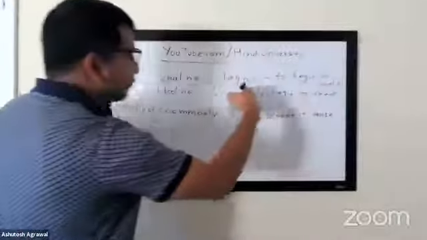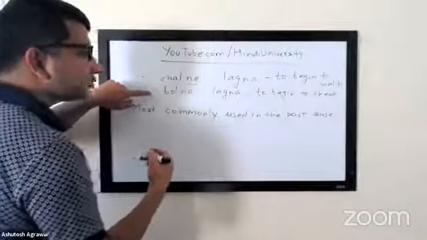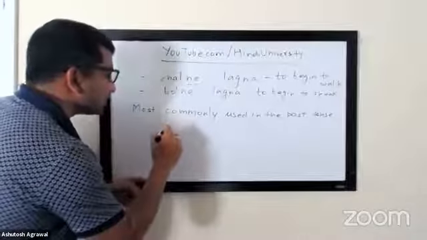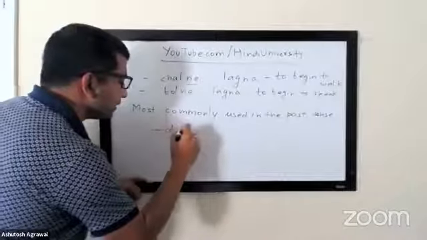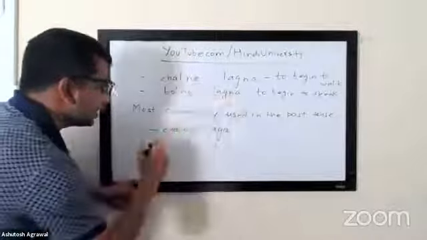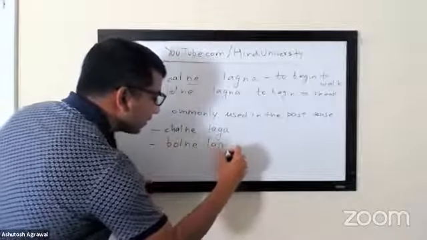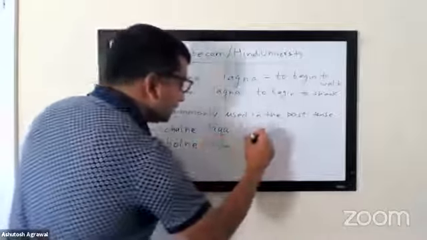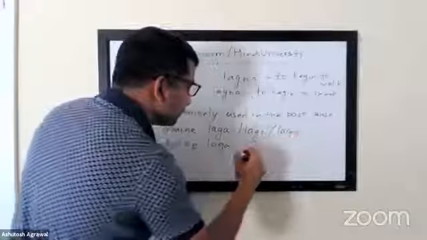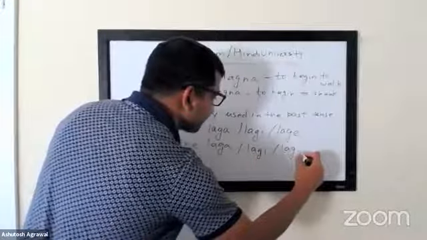So even though I wrote chalne lagna is to begin to walk, bolne lagna is to begin to speak, commonly you will use it in the past tense. So you will say chalne laga, bolne laga for a guy, lagi for a girl, and lage for masculine plural. So laga, lagi, and lage.